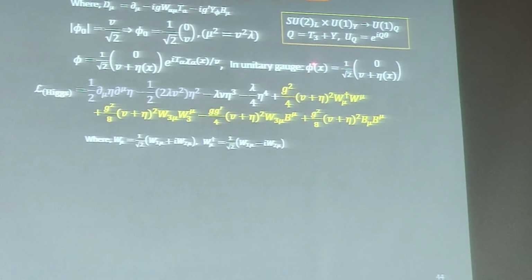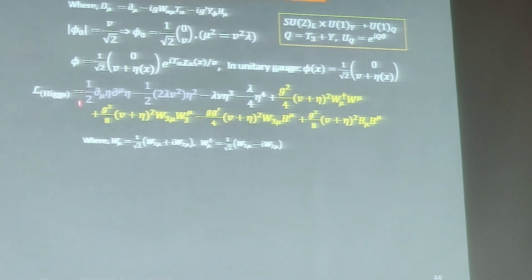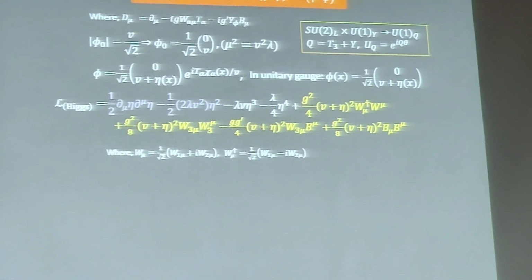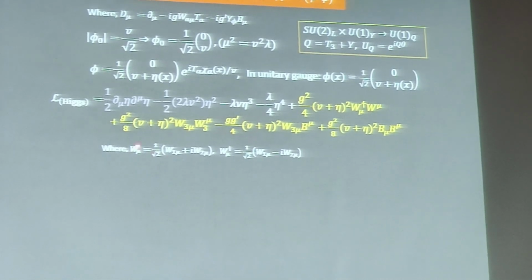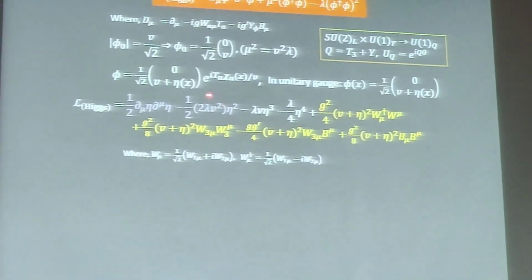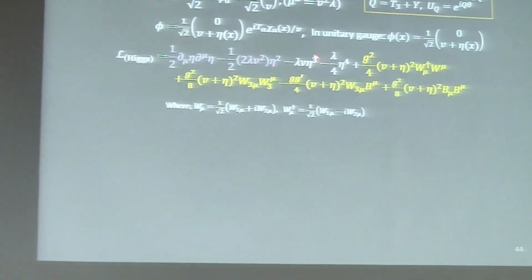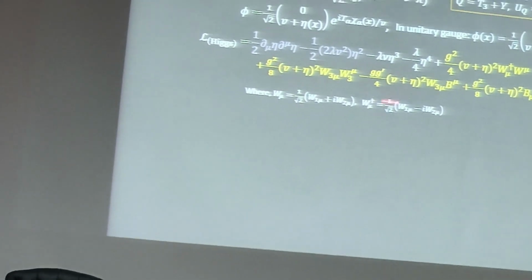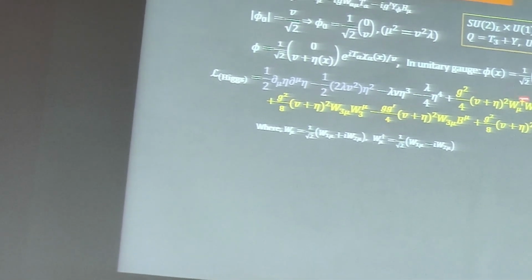After putting it back, we get the simplified form. We look at the important terms after this simplification: first is the kinetic energy term of the eta field, second is the mass term, then the cubic interaction term, the quartic interaction term, and then the rest of the terms which are highlighted in yellow.